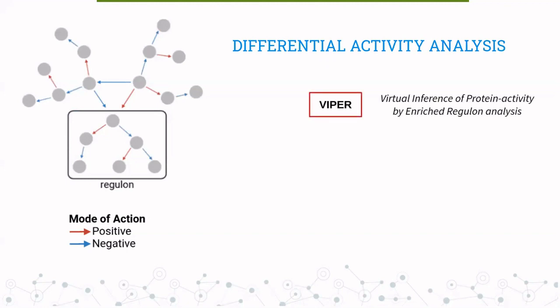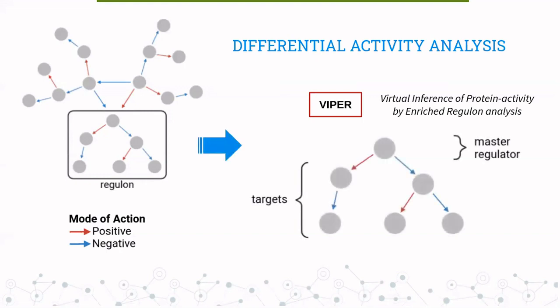VIPER, for virtual inference of protein activity by enriched regulon analysis, uses regulon structures, that is to say, the mode of action of master regulators over the targets, to infer changes in the activity of those regulators, interrogating the expression levels of the targets.